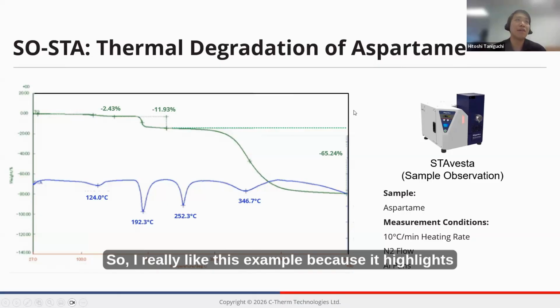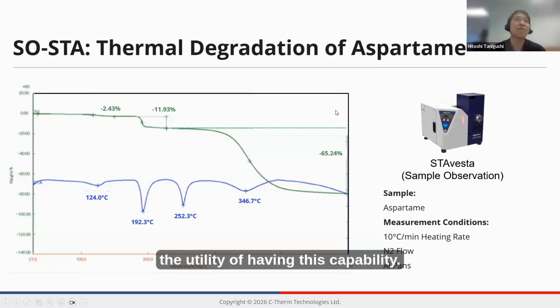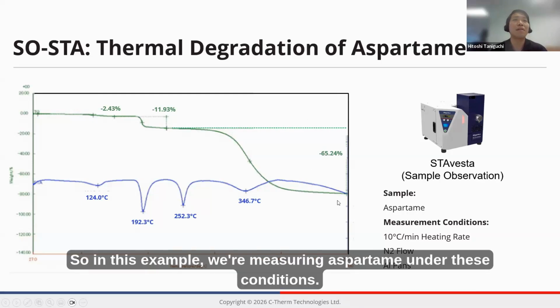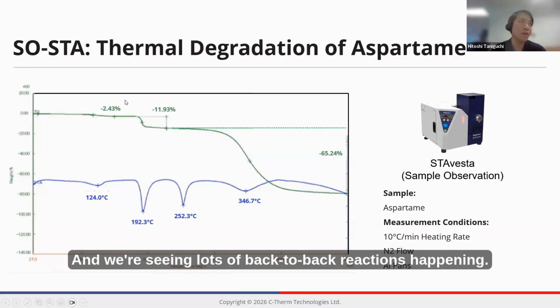I really like this example because it highlights the utility of having this capability. In this example, we're measuring aspartame under these conditions, and we're seeing lots of back-to-back reactions happening.